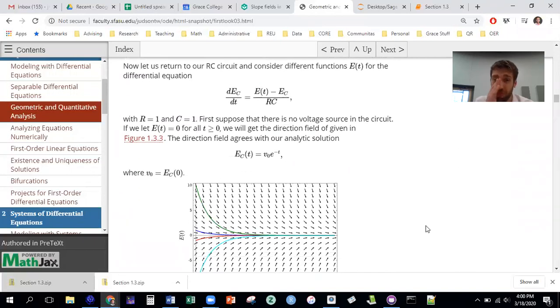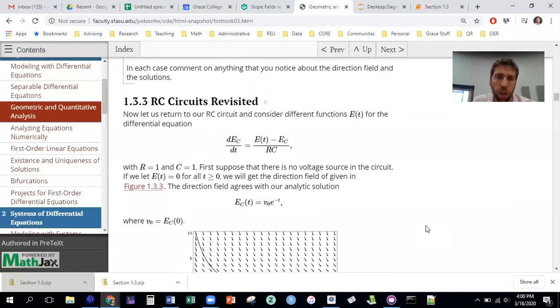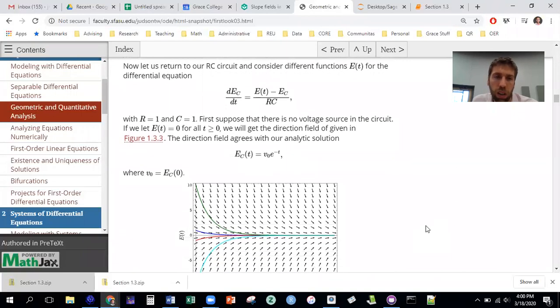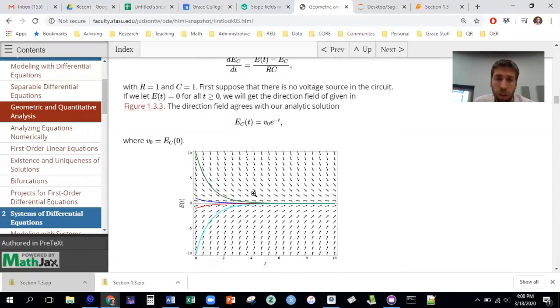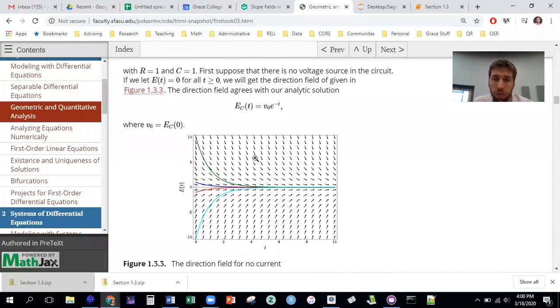So say you have a system where there is no power source. Then any sort of situation where you were, this slope field here tells us what would happen. So any starting point, you go to 0.